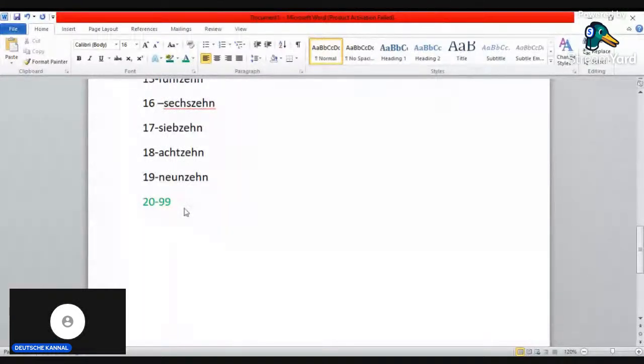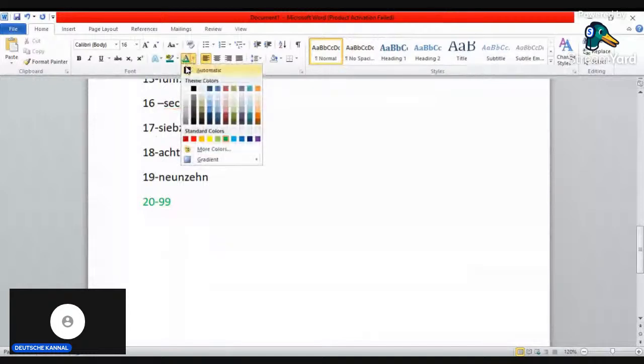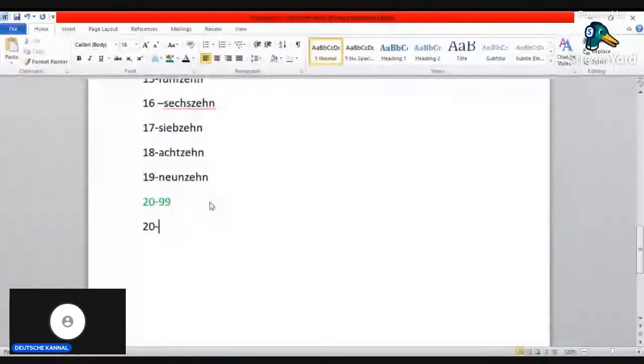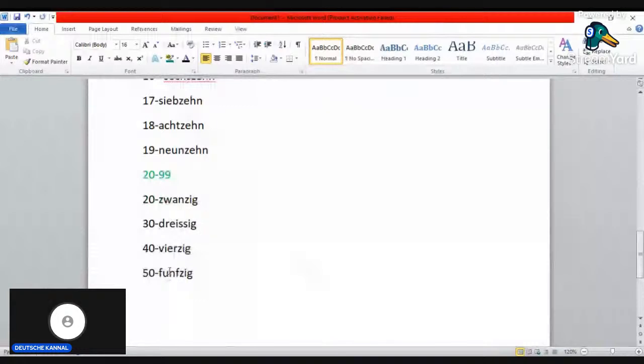So 20. Then 30. 40. 50. And on top of the U in 50, add 2 dots.